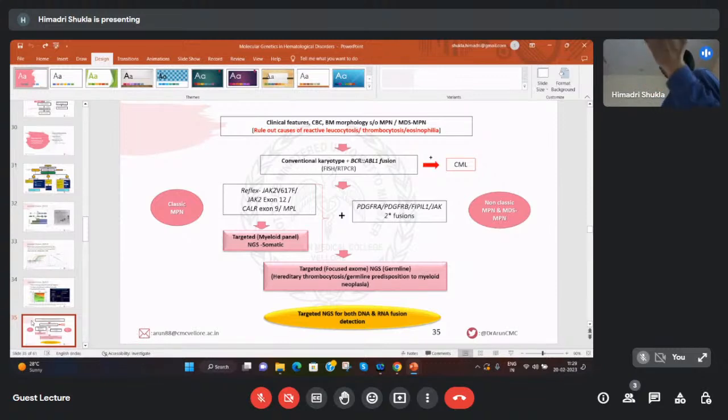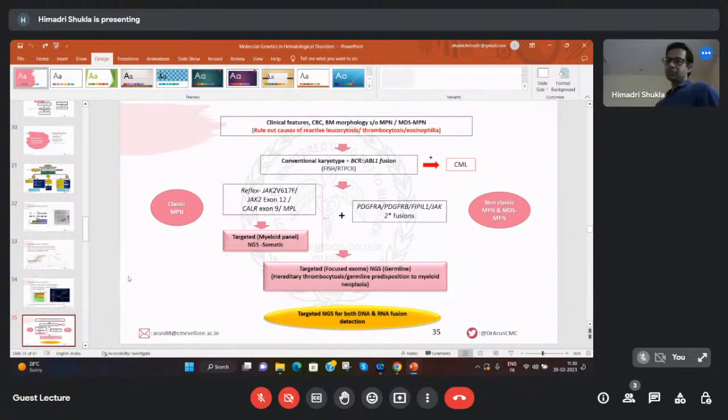In PV, almost all the cases are going to be JAK2, most commonly JAK2 V617F. Occasionally you have other JAK2 mutations localized to exon 12, which we call exon 12 mutations. So these are the four things we broadly look at: JAK2 V617F, JAK2 exon 12 mutations, then CALR mutations and MPL mutations.